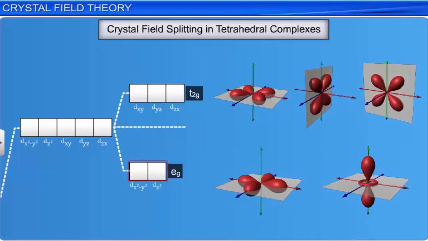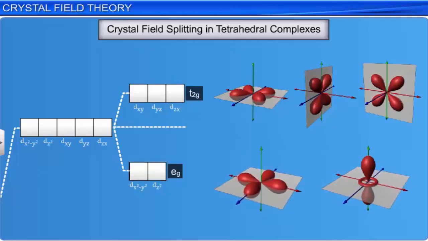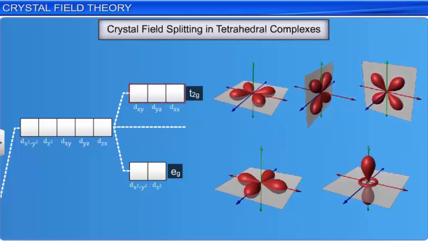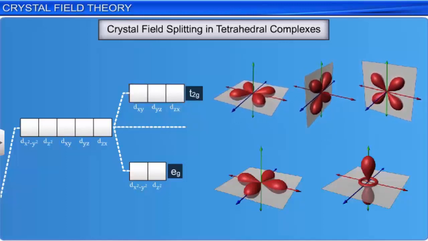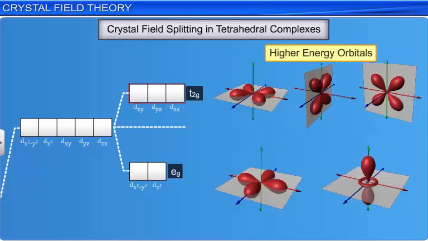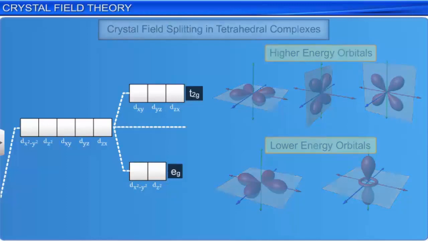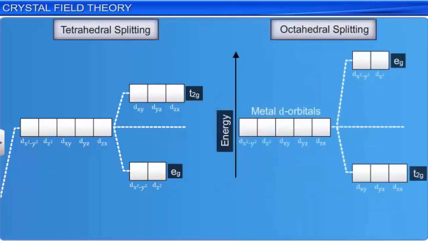This is because the t2 orbitals are oriented along the direction of the approach of the ligands. Thus, in tetrahedral splitting, the t2 orbitals are of higher energy, and the two e orbitals are of lower energy. You can say that the d orbital splitting in tetrahedral geometry is exactly the reverse of octahedral splitting.